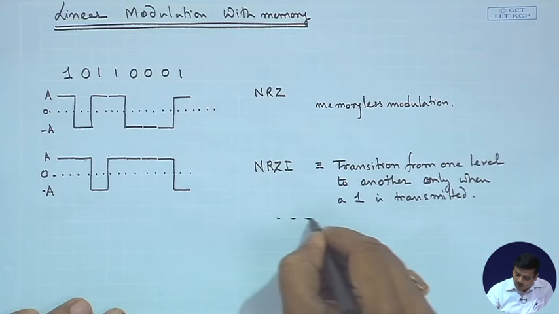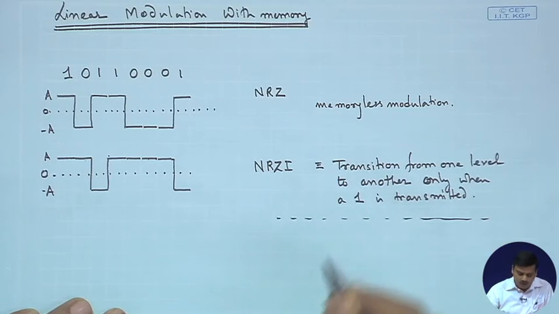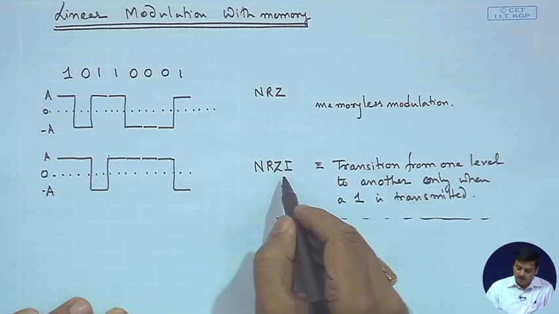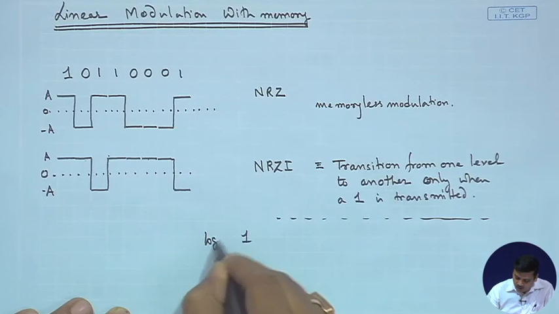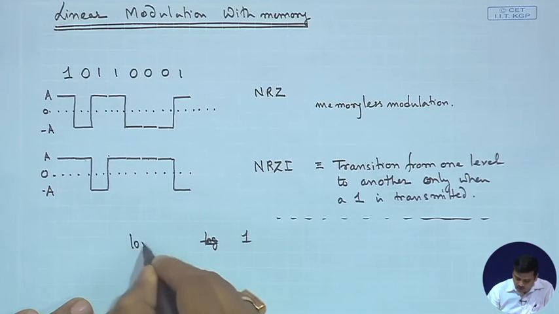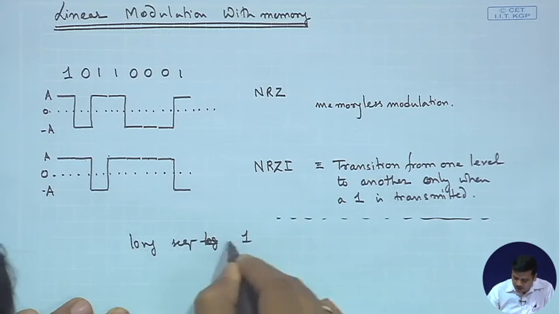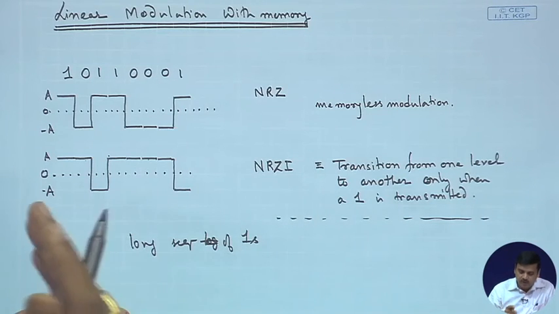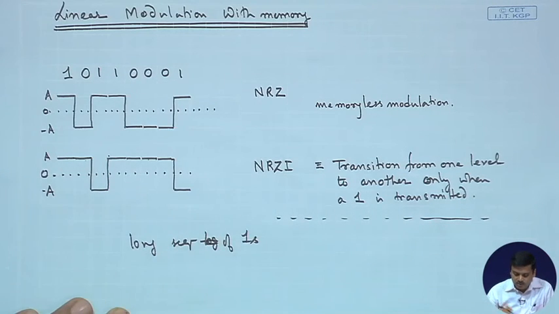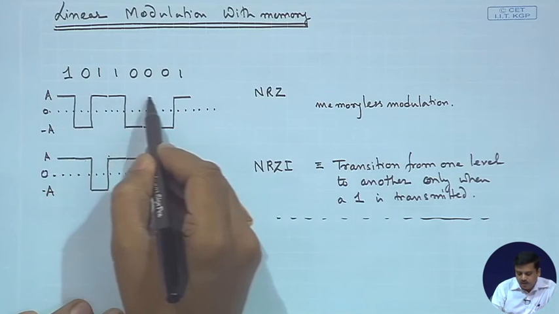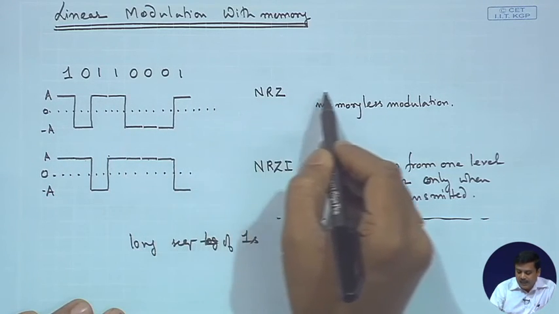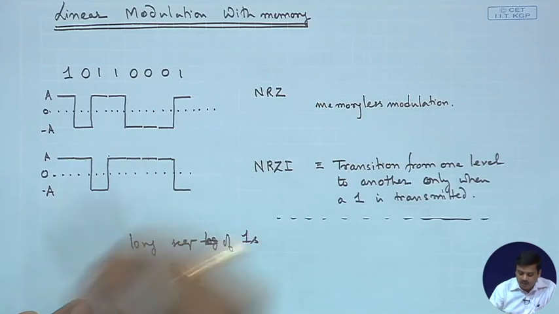So, why would one go for this particular scheme? The need for this scheme is that if there is a long sequence of 1s, that means you have 1 1 1 1 1 1, what would this give? This would give continuous signals of A and so on, there is no transition.